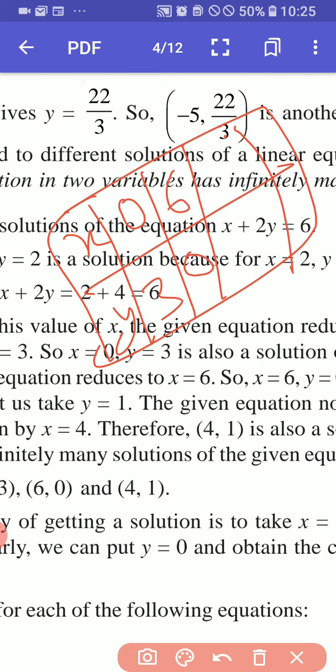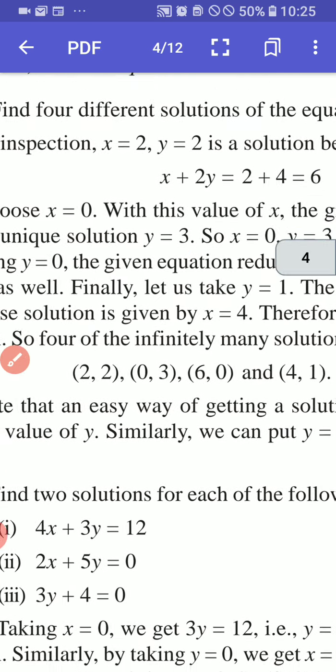Third solution, x is 2 and y is 2, and the next solution, x is 4 and y is 1, right? So like this you can find many solutions of this linear equation. Okay.